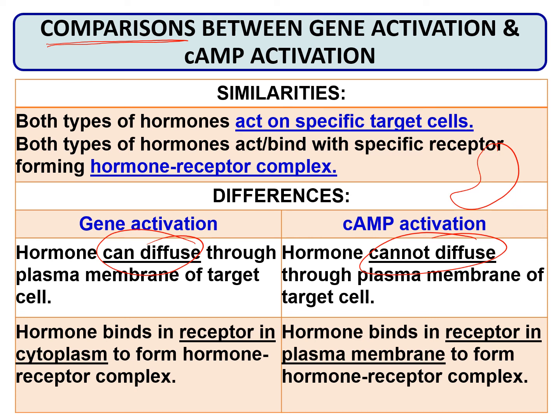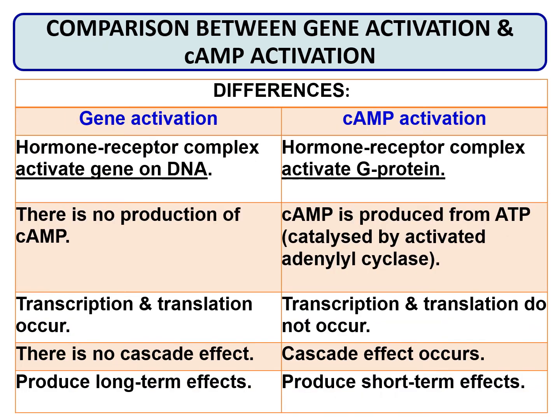The hormone will bind to the receptor in cytoplasm to form hormone receptor complex, while for cAMP activation, the hormone binds to the receptor in plasma membrane to form hormone receptor complex. In gene activation, the hormone receptor complex will activate gene on DNA.